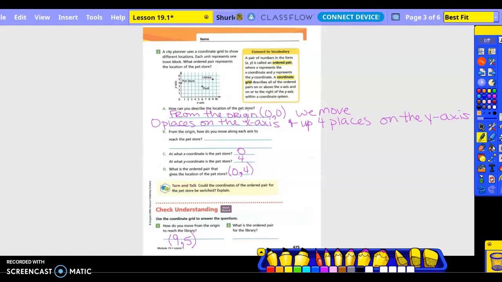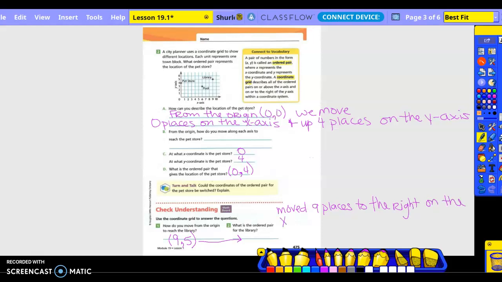Number 2, what is the ordered pair for the, oh, I just did that opposite, didn't I? Okay, so we would have moved, so you can draw this over here, okay guys? And then we moved 9 places to the right on which axis?